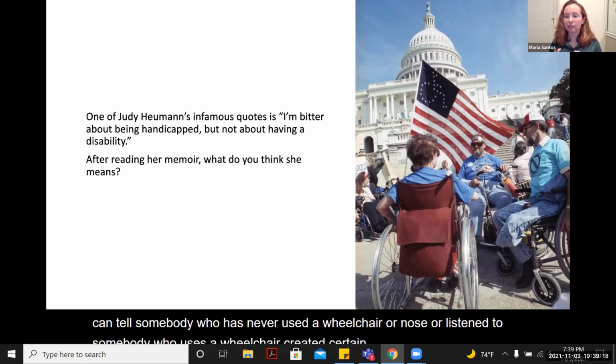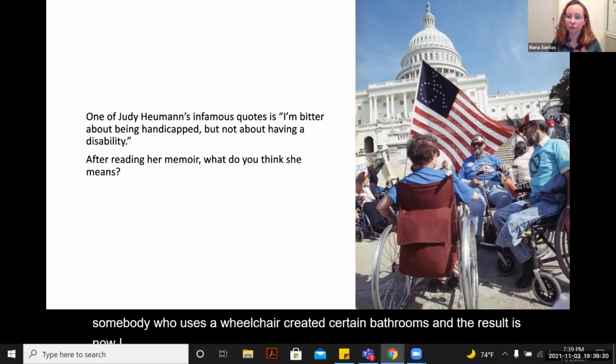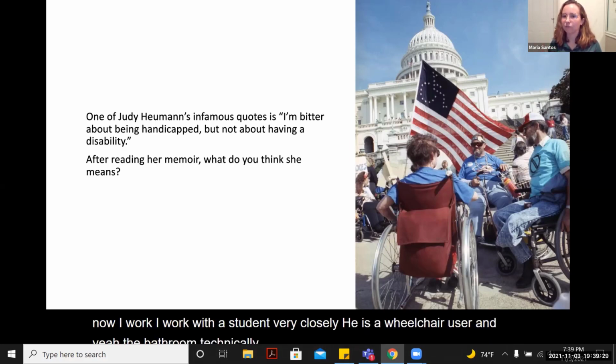And the result is, I now work very closely with a student who is a wheelchair user, and yeah, the bathroom technically meets ADA and 504 requirements, but it's not really truly accessible.